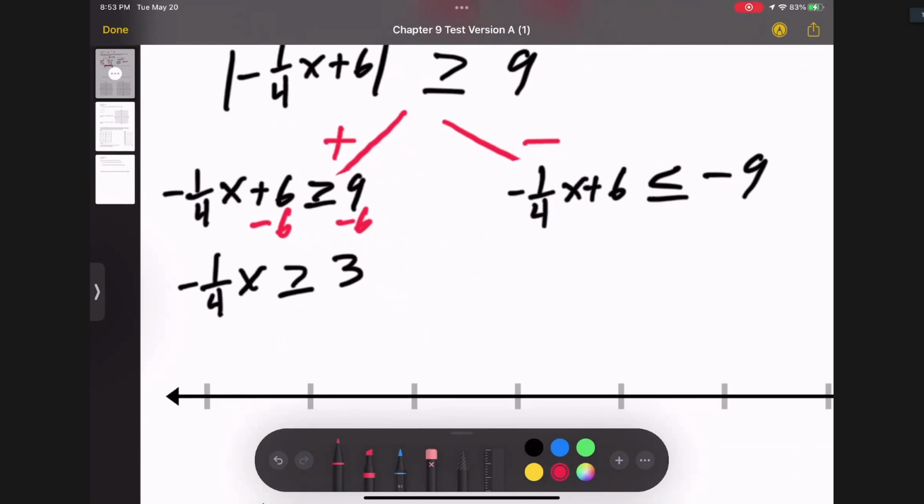I'm going to do this side by side so you can see exactly the same operations. Subtracting 6 on both sides. Exactly the same. We're going to have negative 1/4 x on this side, and we're going to have negative 9 minus 6. A common mistake that I see students do is that they add them together. It's subtraction. So this is going to be a negative 15.